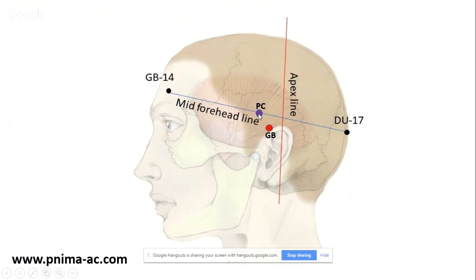Now, again, this is for medical practitioners. If you have a temporal headache and you're not a practitioner, please go see a doctor to find the reason for your disorder. You can needle these points bilateral or ipsilateral. If the headaches are occurring only on one side, you needle them ipsilateral. If they're on both sides, you needle them bilateral.